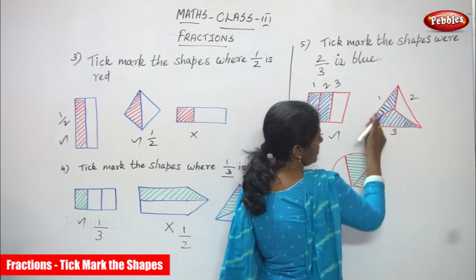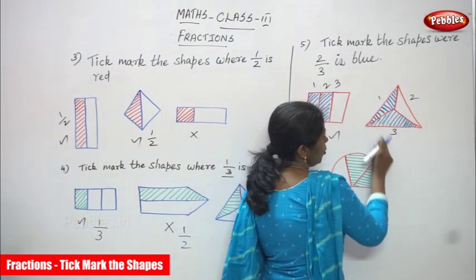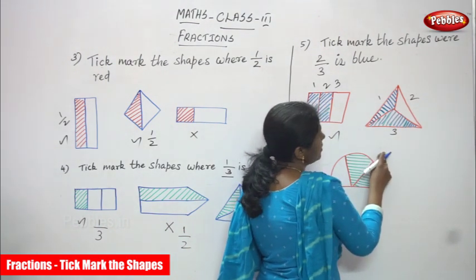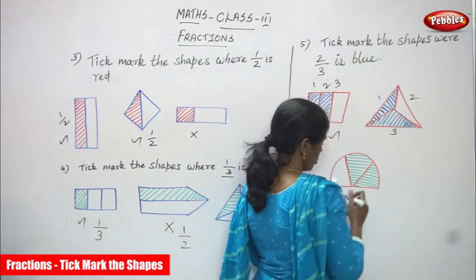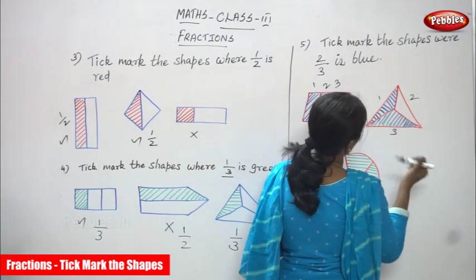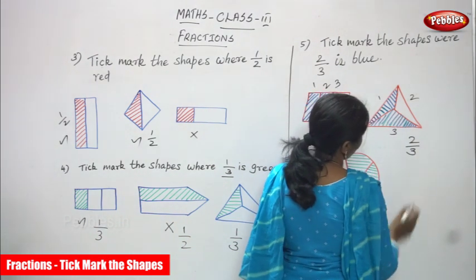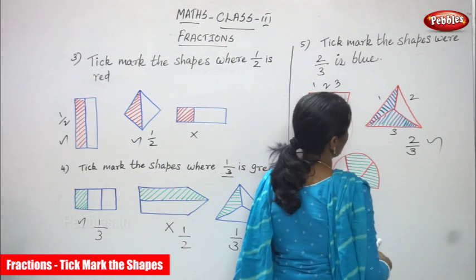Triangle. I shaded two parts in blue color. So 1 and 3 I shaded in blue color. So it comes under 2 by 3. It comes under what? 2 by 3 portion. It is a 2 by 3 fraction. So I put a tick mark for this diagram also.